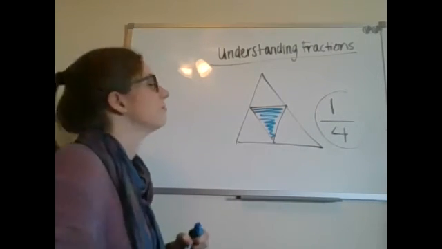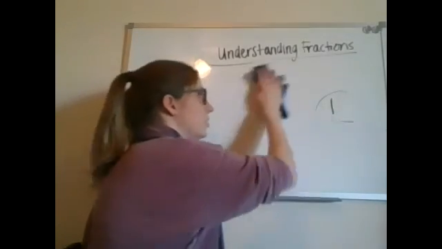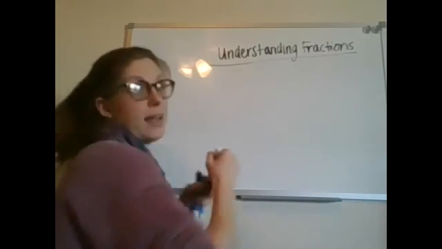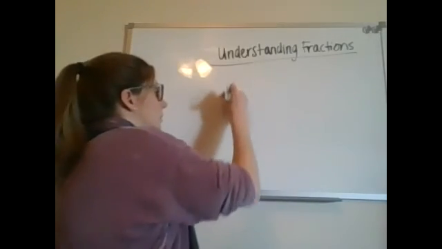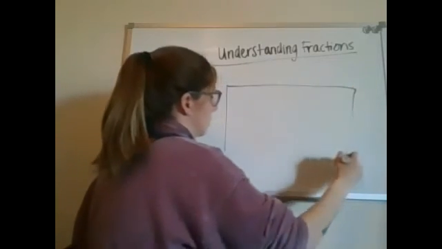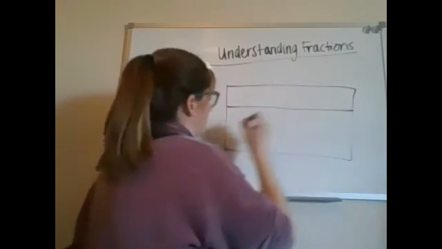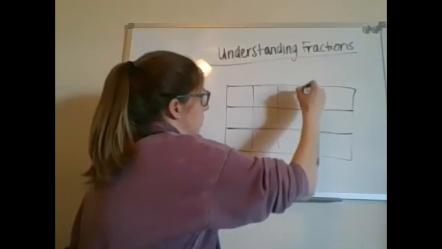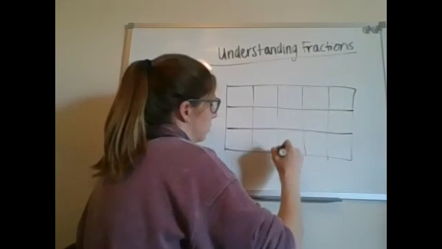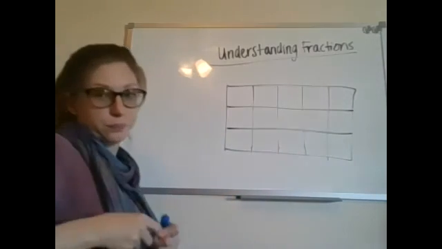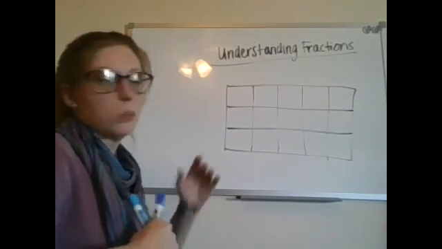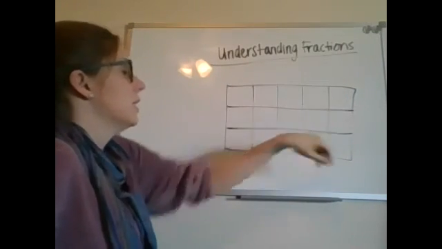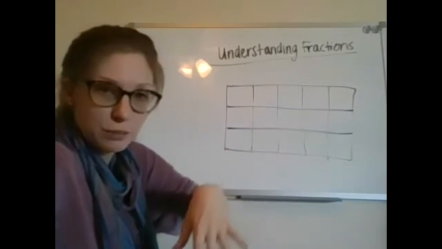Are you feeling like a pro at naming fractions yet? I sure hope so. Let's try one last one. This one is going to take me a second to draw. It's going to be a bigger piece. So this is a box split up into 1, 2, 3, 4, 5, 6, 7, 8, 9, 10, 11, 12, 13, 14, 15 pieces.